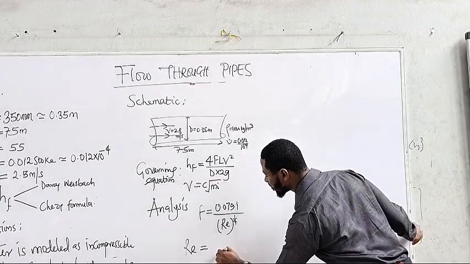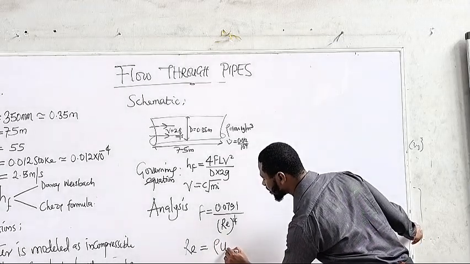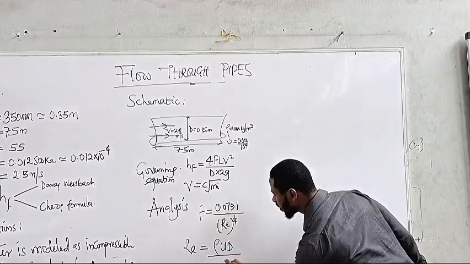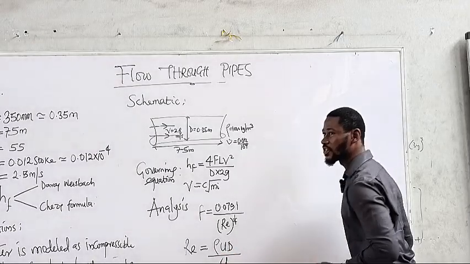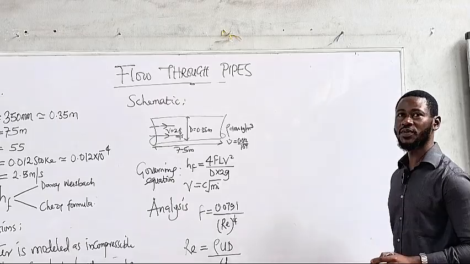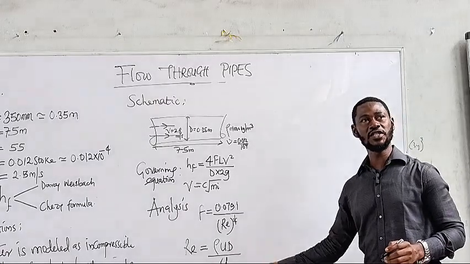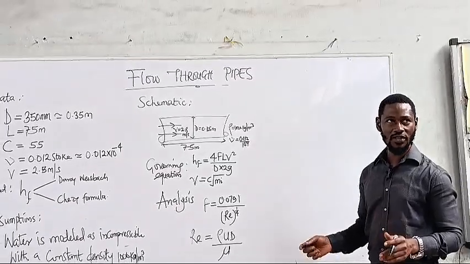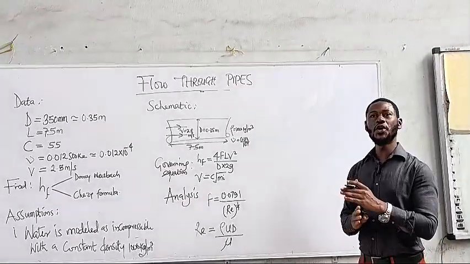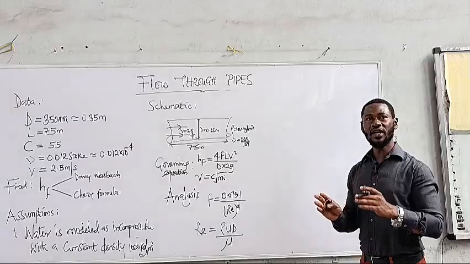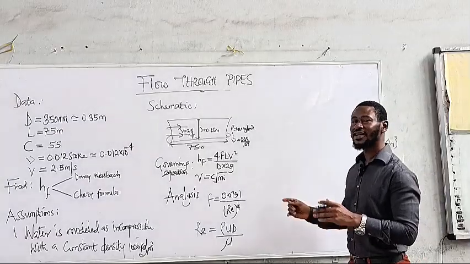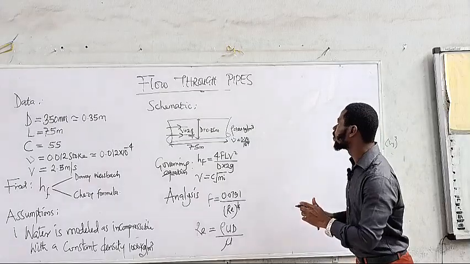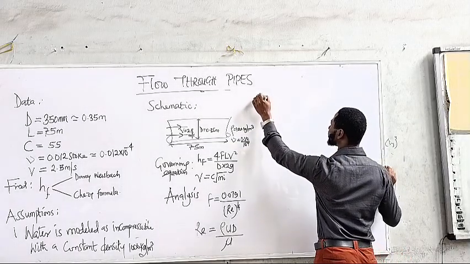Reynolds number is given as the density multiplied by speed multiplied by the diameter divided by what? Dynamic viscosity. Now something is missing. Dynamic viscosity is missing. We are only given kinematic viscosity in the question. So we can look for a relationship between kinematic viscosity and dynamic viscosity.